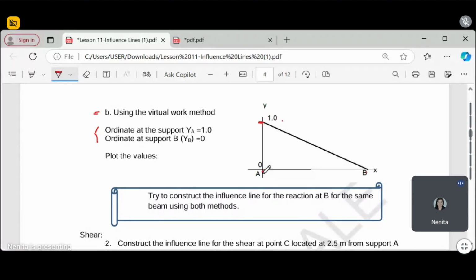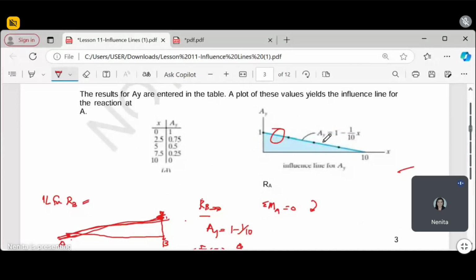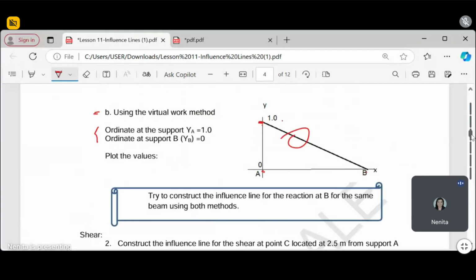Place the 1 directly at the point where you are looking for the influence value of the reaction. Okay? And you can see that it is similar to our influence line diagram, and its format is also similar. Now, try to construct the influence line for the reaction at B for the same beam using the methods.